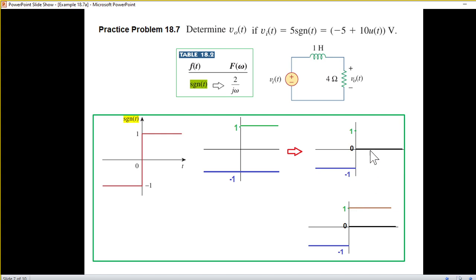That means we have to add another 1, so instead of 1 we now have 2, or 2u(t). From here we can say that the function is -1 plus 2u(t). And this is what he is saying here, just multiplied by 5. If you multiply this by 5, you get this value. This was just for your knowledge.